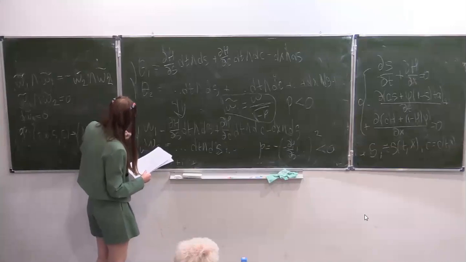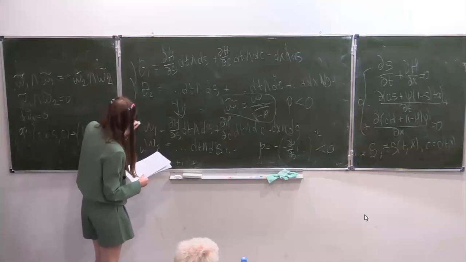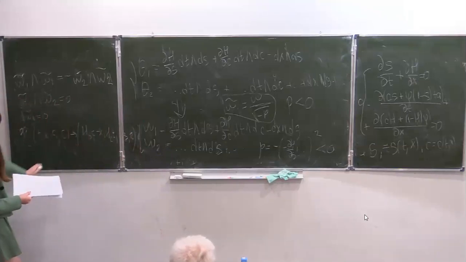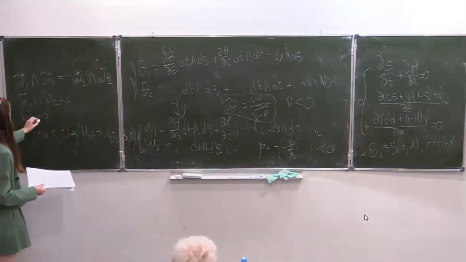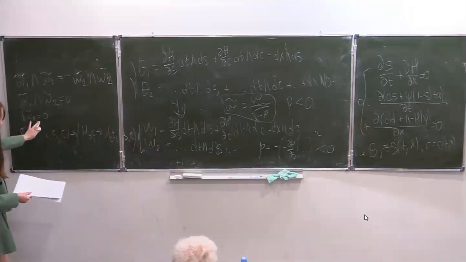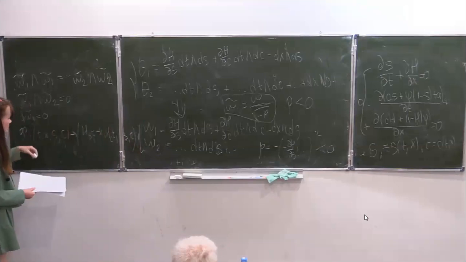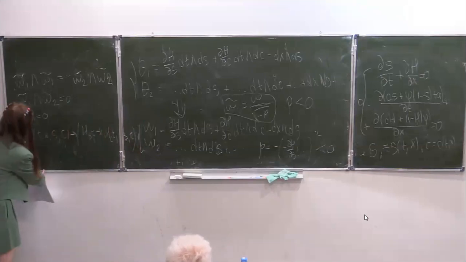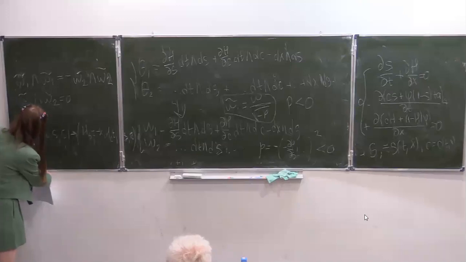After this transformation, our form omega 1 and 2 will still transform to omega.